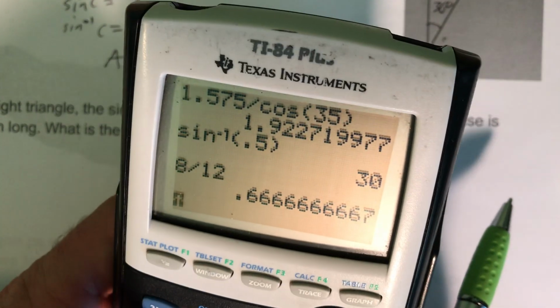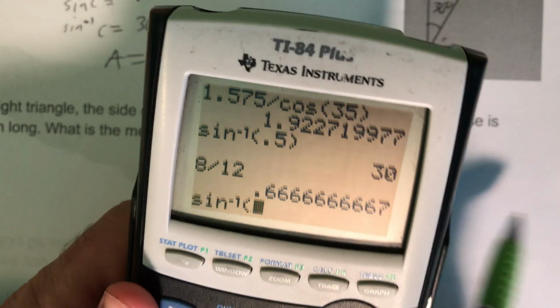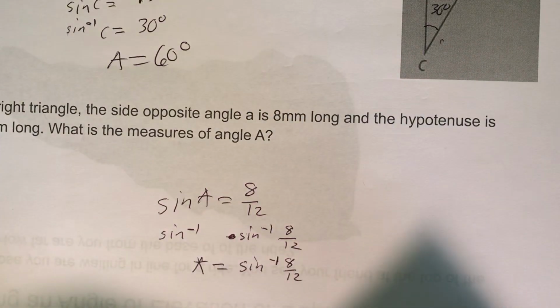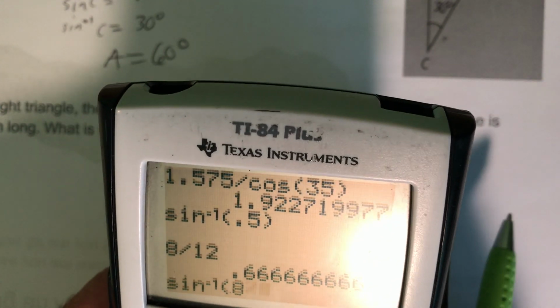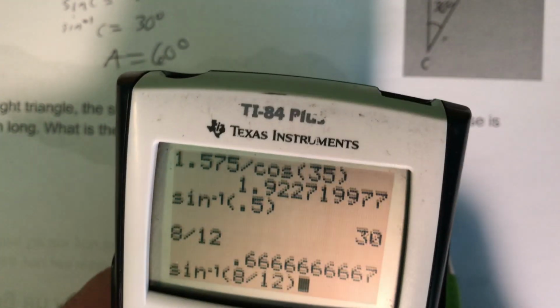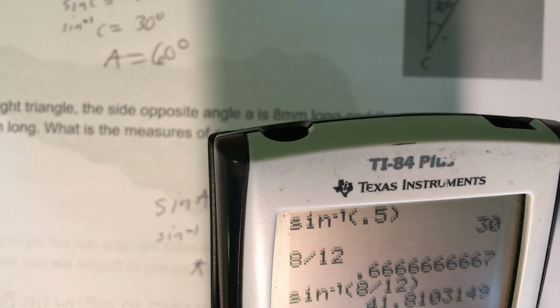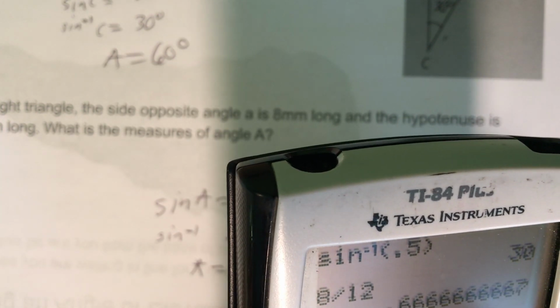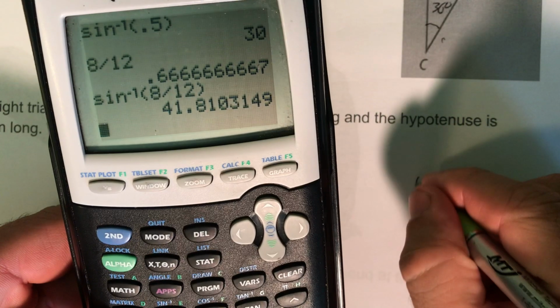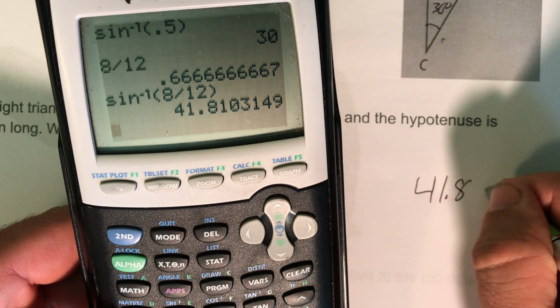So second, inverse sine, and I'm going to put 8 divided by 12 in there just to keep it more accurate. And I get about 41.8 degrees.